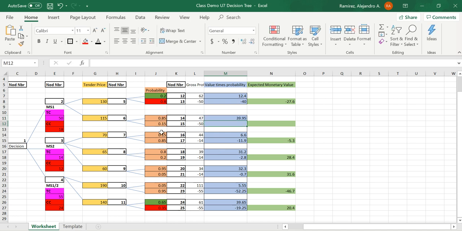And the same with this one: net loss multiplied times this one, because it's the likelihood that I will lose. Then once I have that one, again I have this one plus this one. So there we are, and already everything is calculated exactly in the same way.